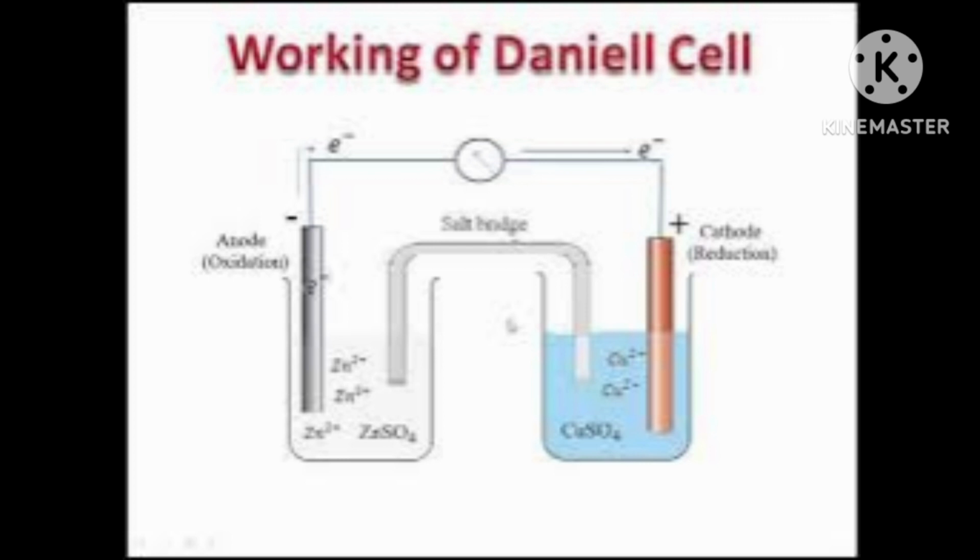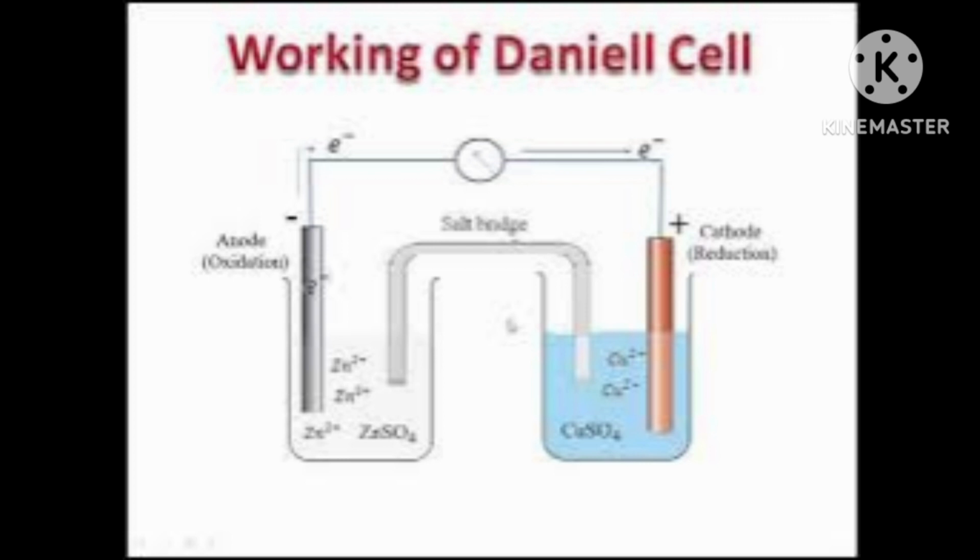Correct? As for example, copper. When it is dipped in the copper sulfate solution, CuSO4, copper in copper sulfate, then what will happen? Now copper is dipped in the copper sulfate solution. Copper sulfate will dissolve in solution as Cu2+ plus SO4 2-.